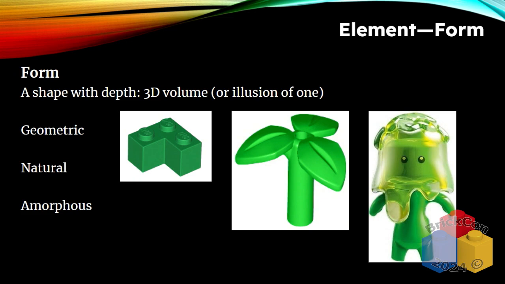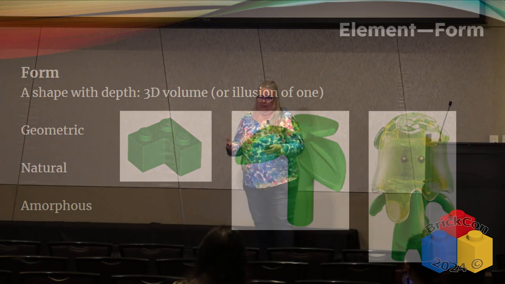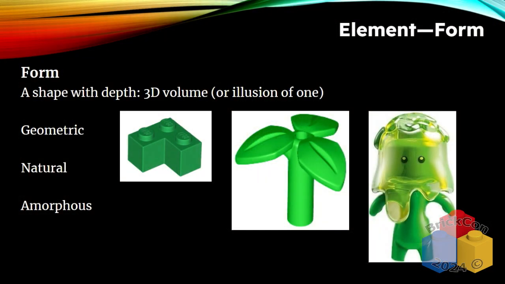We're up to number 4, form. Form is a 3-dimensional shape. Now, it's a shape with volume or implied volume. So up here, you see the nice little 2x2 brick with a cutout, except it's not. This is a 2-dimensional representation of that.